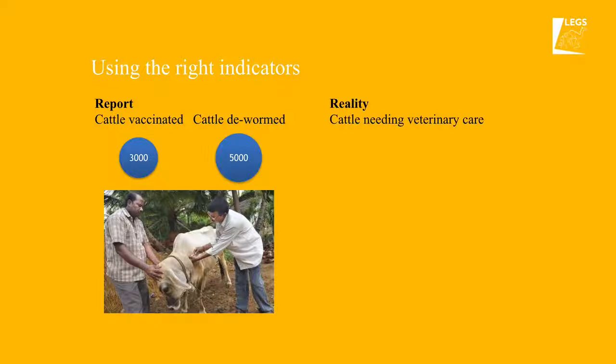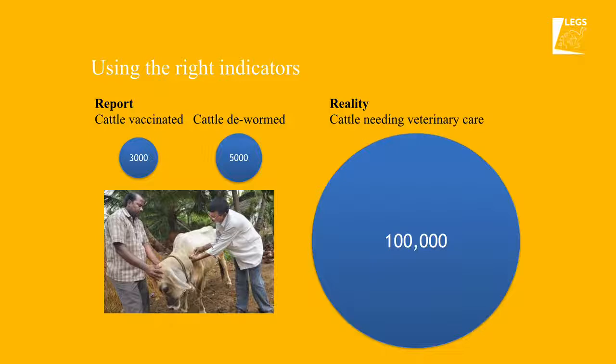But if we think more carefully about impact, then the results become quite difficult to interpret. For example, what if there were actually 100,000 cattle in the area, and all of these cattle were at risk of disease? In this situation, the project vaccinated only 3% of the cattle at risk, and treated only 5%. And if so, the results now seem a lot less promising.